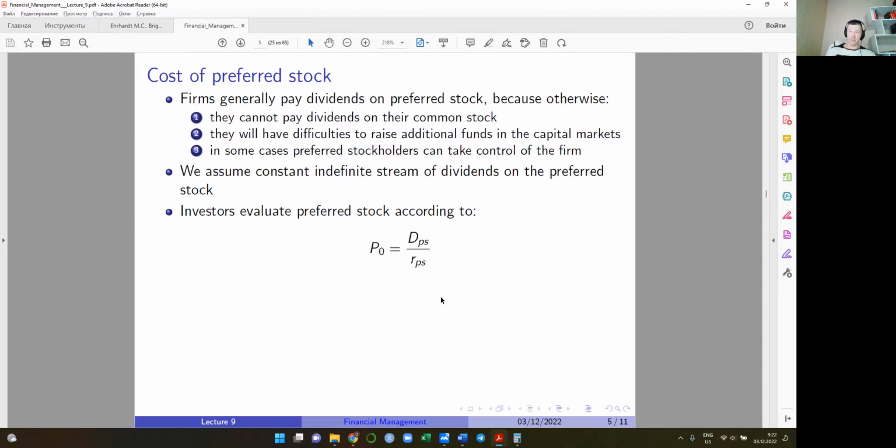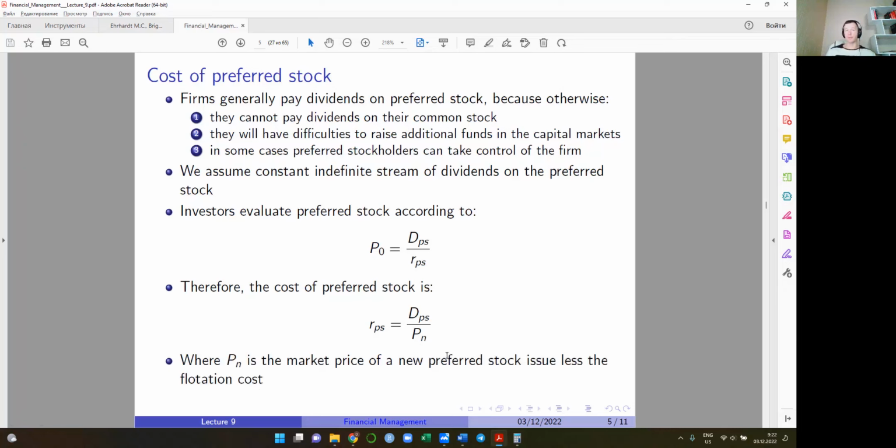And from the firm side, we know how much money we want to receive from the preferred stock issue. We know how much dividends we are ready to pay. What we don't know is the interest rate, so we need to turn this upside down again. We need to express the interest rate, which is now the cost of preferred stock, from the following formula. And again, PN is the market price of a new preferred stock issue less the flotation cost.